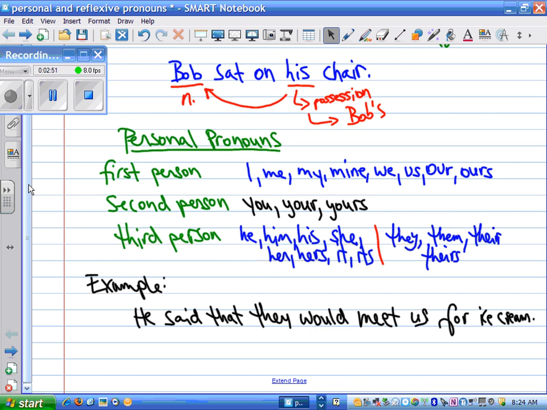Let's take a look at our example sentence. And in that sentence, we're going to identify our pronouns. First pronoun is he. That, although it's not listed, you'll see later on, is a pronoun. They is a pronoun.